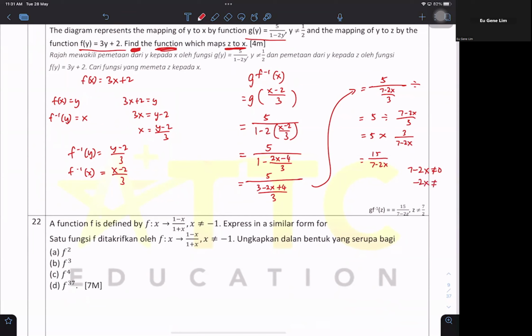Negative 2x cannot be negative 7. X cannot be negative 7 over negative 2, which is positive 7 over 2. Yeah, like that. Understand?